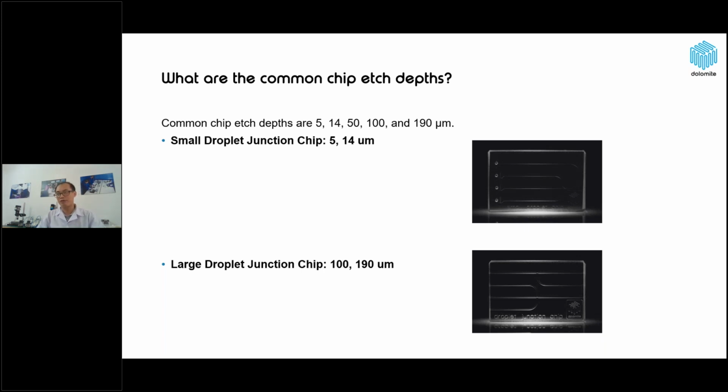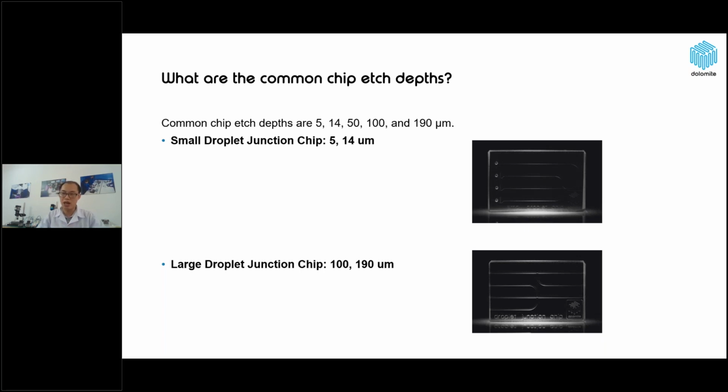They can be divided into two types. One is the small droplet junction chip, which has a junction size of around 5, 14 and 15 micrometers.